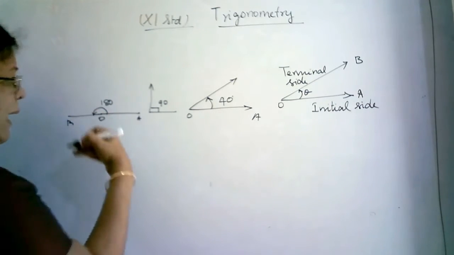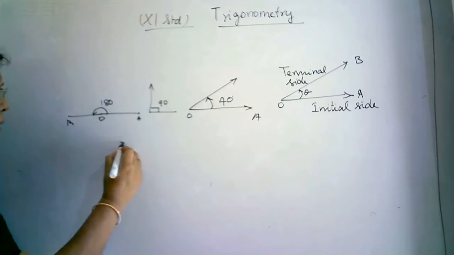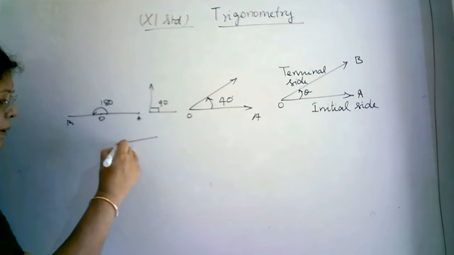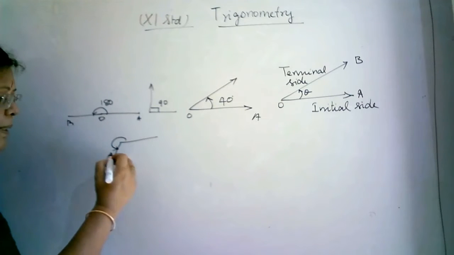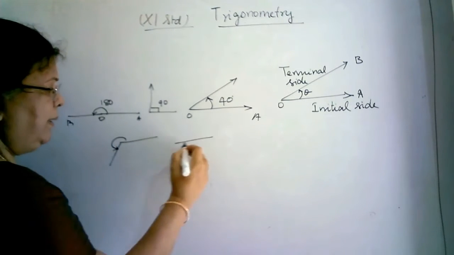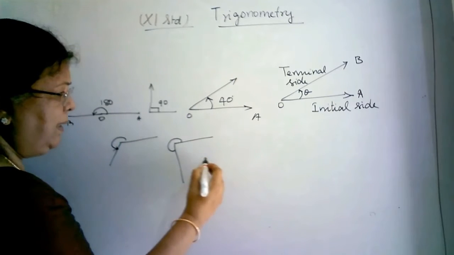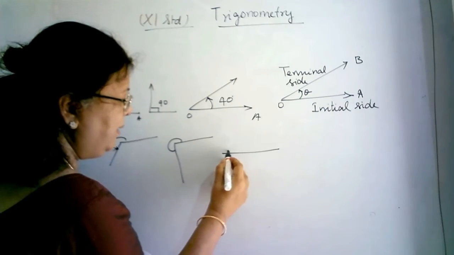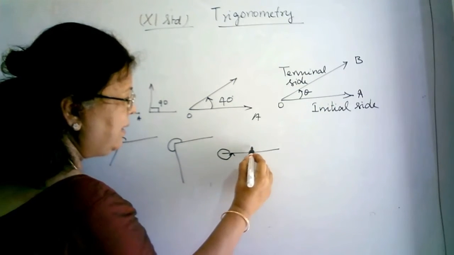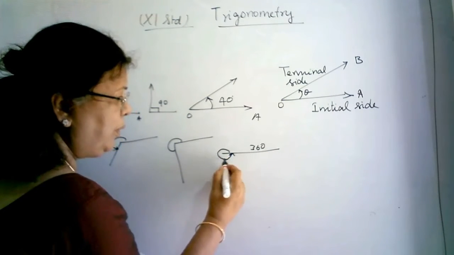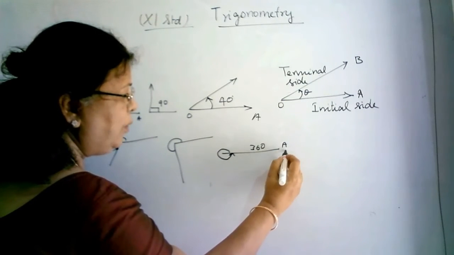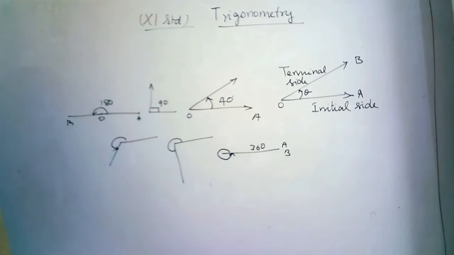This is moving in the anti-clockwise direction, so this will be more than 180, and this is 270 degrees, and this is 360 degrees. That is, one rotation is over, so OA and OB coincide.